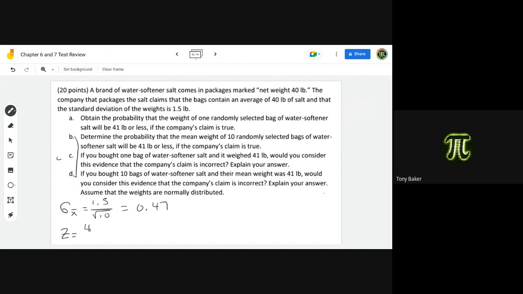So we're going to do 41 minus 40 divided by 0.47. And I get 2.13.